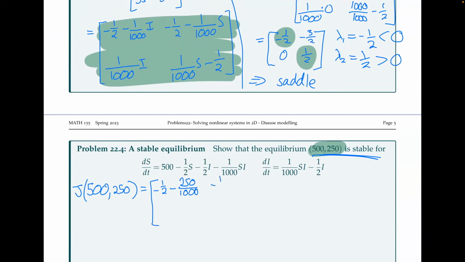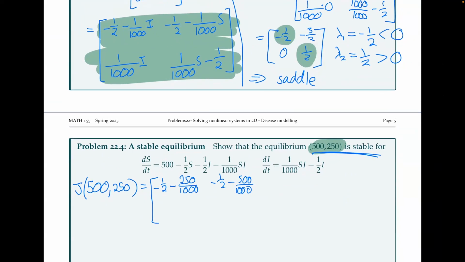And we're going to have minus a half minus 1 over 1,000 S. So we're going to have minus 500 over 1,000. In the bottom left, we have I over 1,000, so 250 over 1,000. And the bottom right, we're going to have S, which is 500 over 1,000 minus a half.